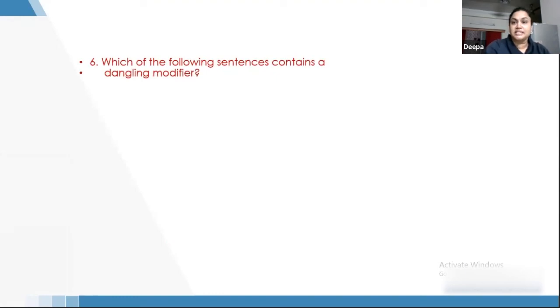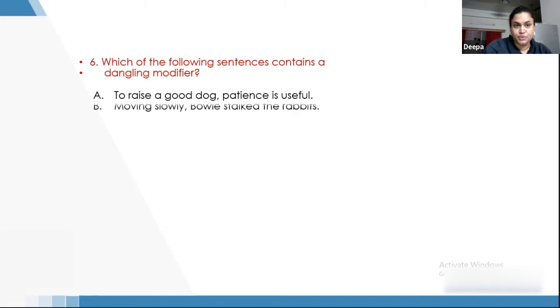Which of the following sentences contains a dangling modifier? To raise a good dog, patience is useful. Moving slowly, Bowie stacked the rabbits.